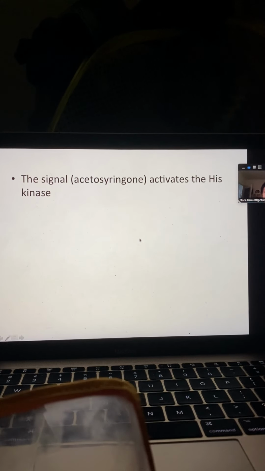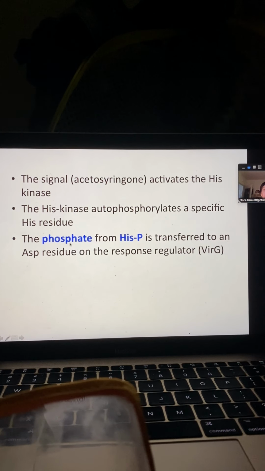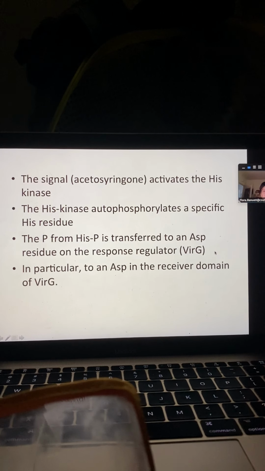Let's see how this works, and I'll show a diagram showing the grand picture. So the signal, which is acetylsyringone, activates the histidine kinase of VirA. This results in autophosphorylation of a specific histidine residue in the histidine kinase domain. Then the phosphate from this phosphorylated histidine is transferred to an Asp residue that resides on the response regulator, which is the VirG protein.